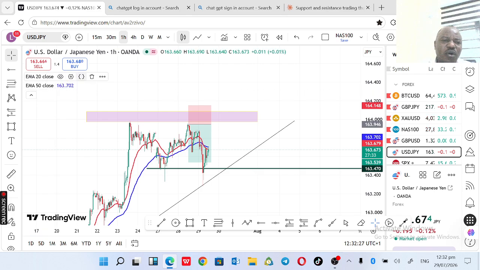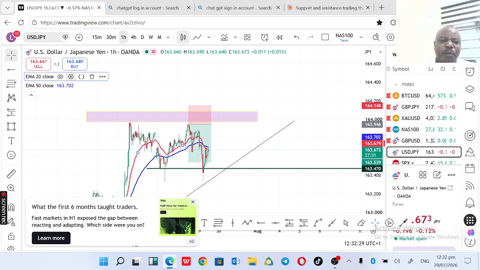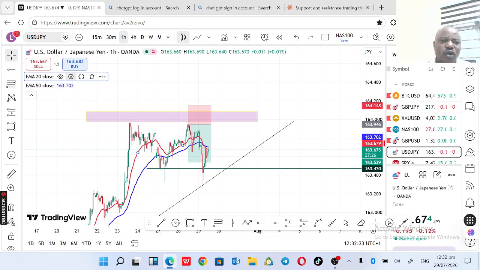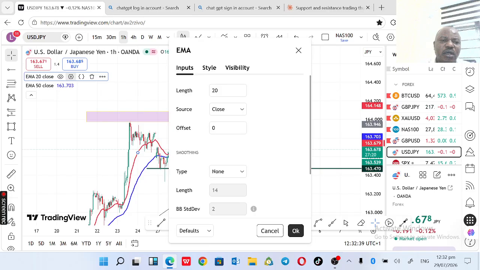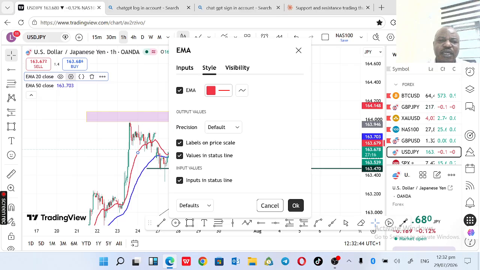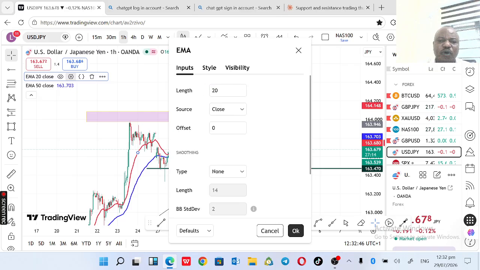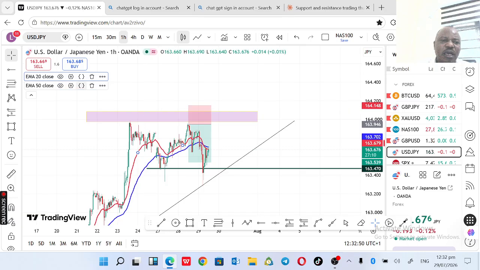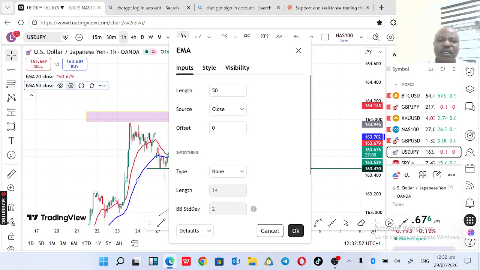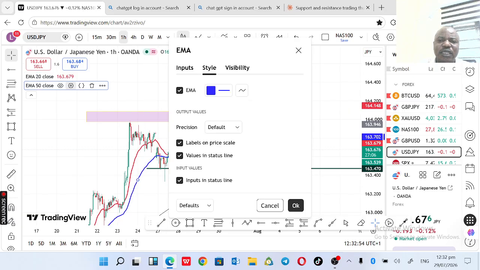You change the color, come back here. You can change the color in your settings. This is the setting, right? Click on the setting. Now you can change the color from your style. I'm using red for the input of 20. Now, if you come to the 50, I'm using 50 as the length, then my color is blue.